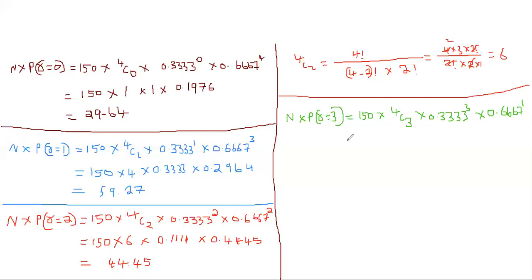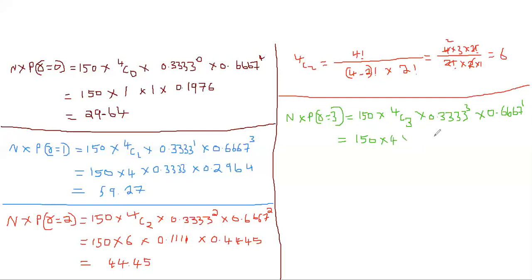So then you'll get 150 into 4C3. I told you, if there is only one value difference between n and r, the answer will be n. That is, you'll get the answer 4.